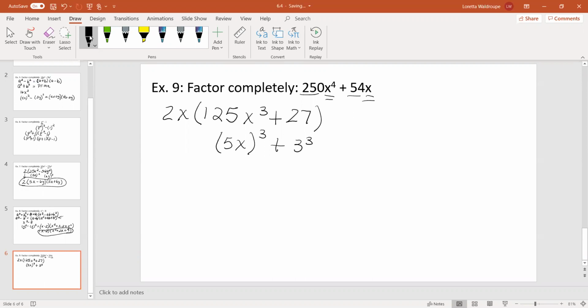Okay, now let's follow a formula. We bring down that 2x. Let me rewrite the formula over here just so you have it in front of you. The first plus the second.